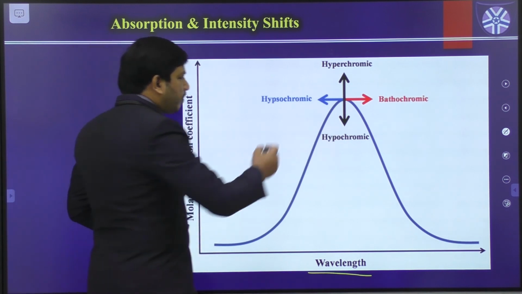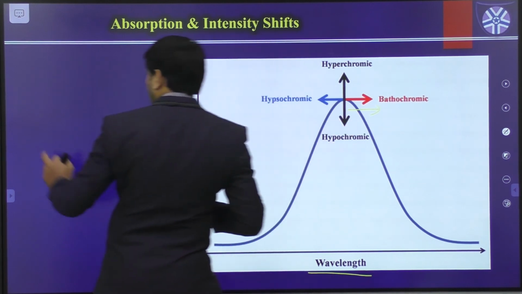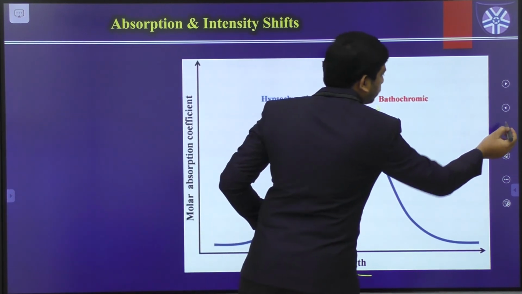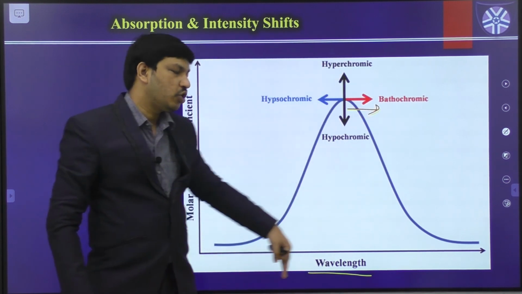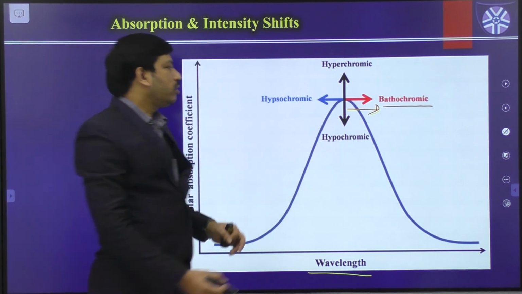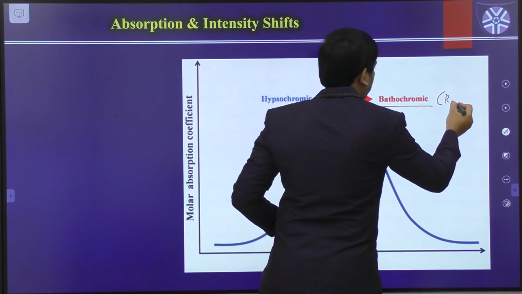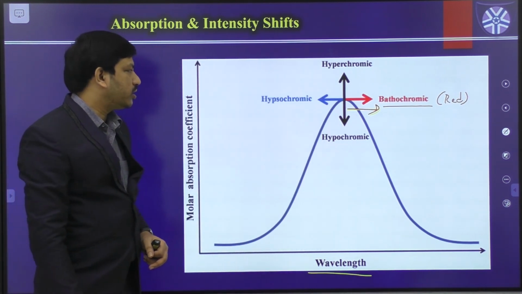So if the absorption peak value shifts to higher wavelength, that means longer wavelength, that is called bathochromic shift, also known as red shift, like this.